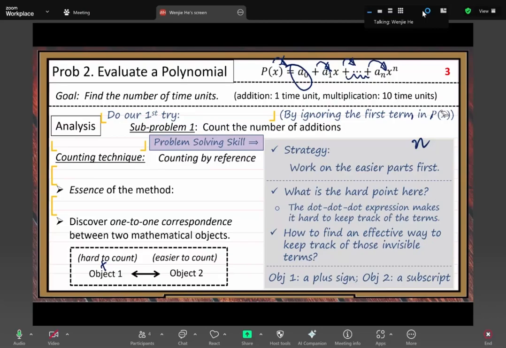I split it into subproblem number 1 and subproblem number 2. Next time I will try to go a little faster. Early on I need to introduce many simple methods and simple examples, so it is relatively slow, but we need to gradually go a little faster. All right, that's it.